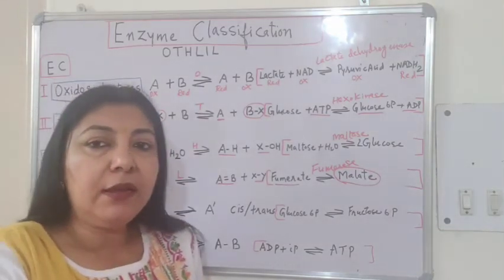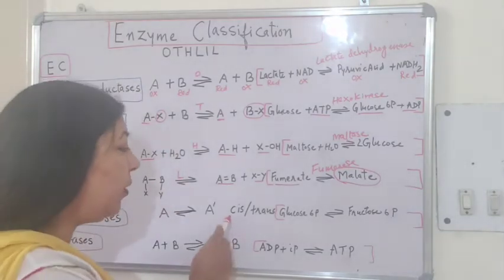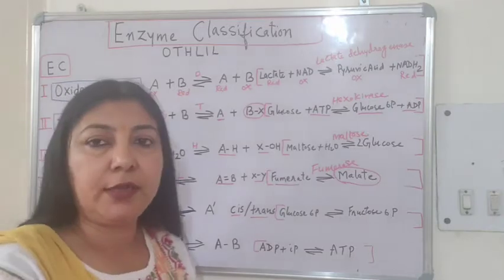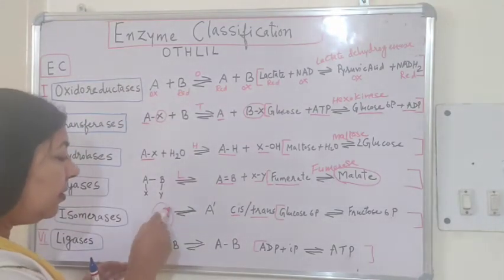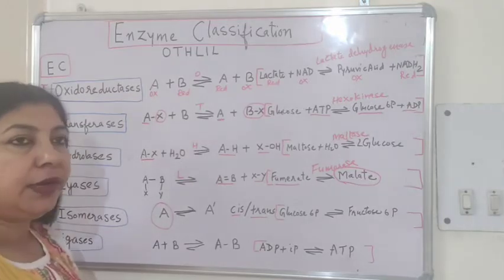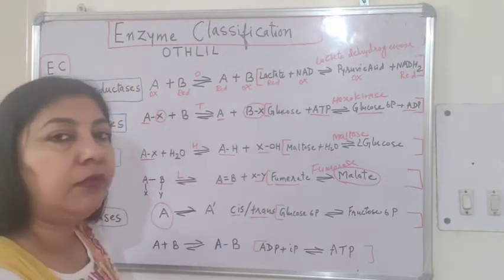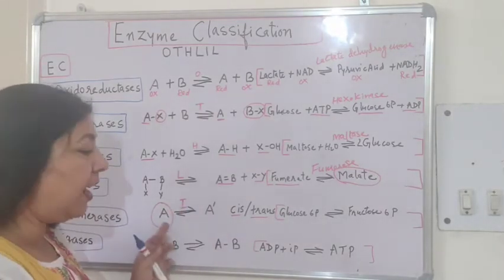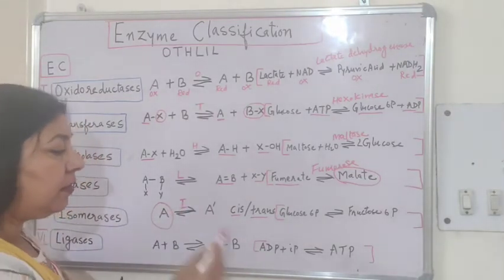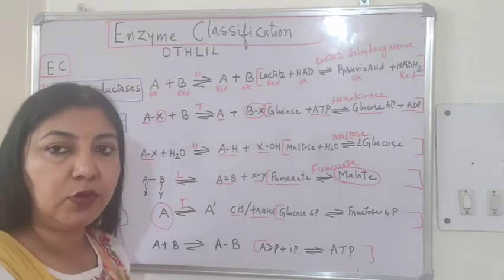So they will convert the compound into either cis form or trans form. Okay, so for example, one substrate is there, that is converted to its isomer form, that is A to A dash. Then that enzyme will be an isomerase.